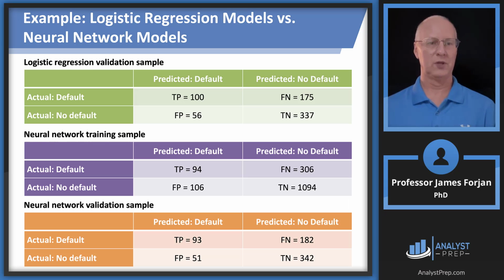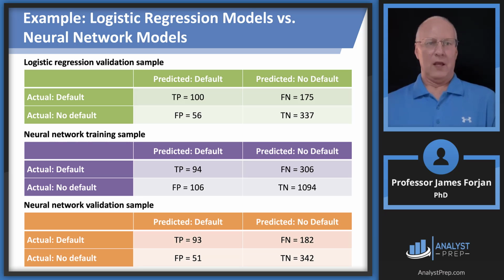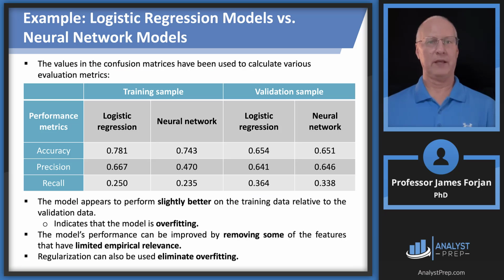So let's go ahead and do just a little bit of the math. And so there's logistic regression, there's the validation sample, there's a neural network training sample, there's the neural network validation sample. So these are some extra pieces of information. And so let's go ahead and make some calculations. So look at the top block point.